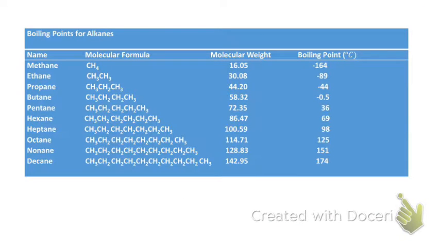We can see this again. We have some special organic molecules here, and you don't need to really worry about their names, but the idea is that here's the molecular formula, and as we're going down from methane to decane, the molecule is increasing. It's getting bigger, in other words. And that correlates to an increase in molecular weight.